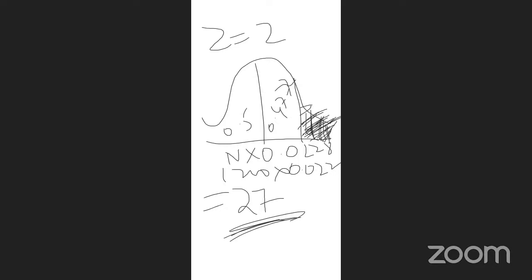Now, let us take one more problem. In a normal distribution, they say 7% of items are below 35 and 11% of items are above 63.